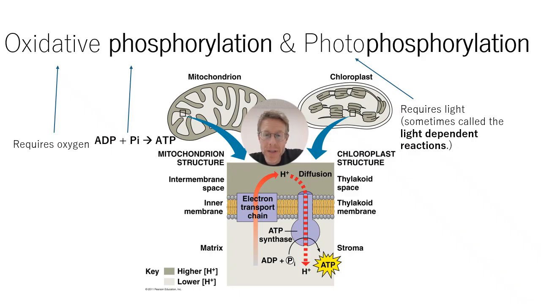And then the energy of that flow of hydrogen ions is used by the protein ATP synthase to assemble ADP and inorganic phosphate into ATP. That's phosphorylation. It happens in the mitochondria and in the chloroplasts. It depends on a small volume within the intermembrane space in the mitochondria and a small volume within the thylakoids in the chloroplasts.